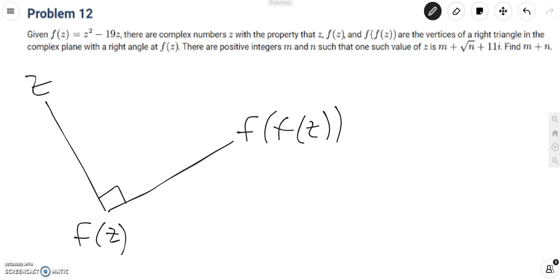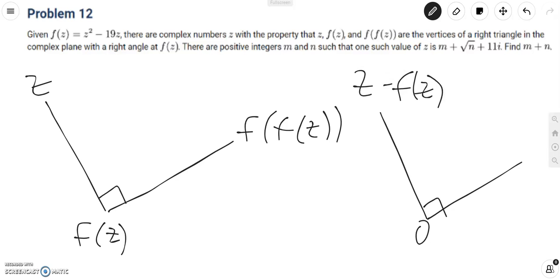We know how to deal with rotations of complex numbers when the origin is the point about which we're rotating. But in this case, f(z) is the point about which we're rotating. So we can shift this entire problem back to the origin by subtracting f(z) from all of these complex numbers, which yields the following diagram. 0 is here, and we have z − f(z) in place of z, and f(f(z)) − f(z) in place of f(f(z)).